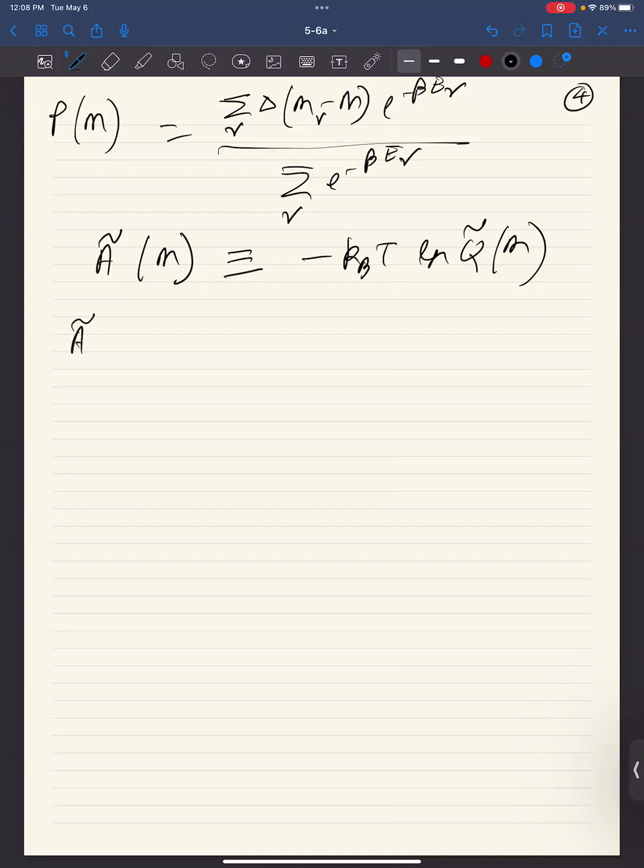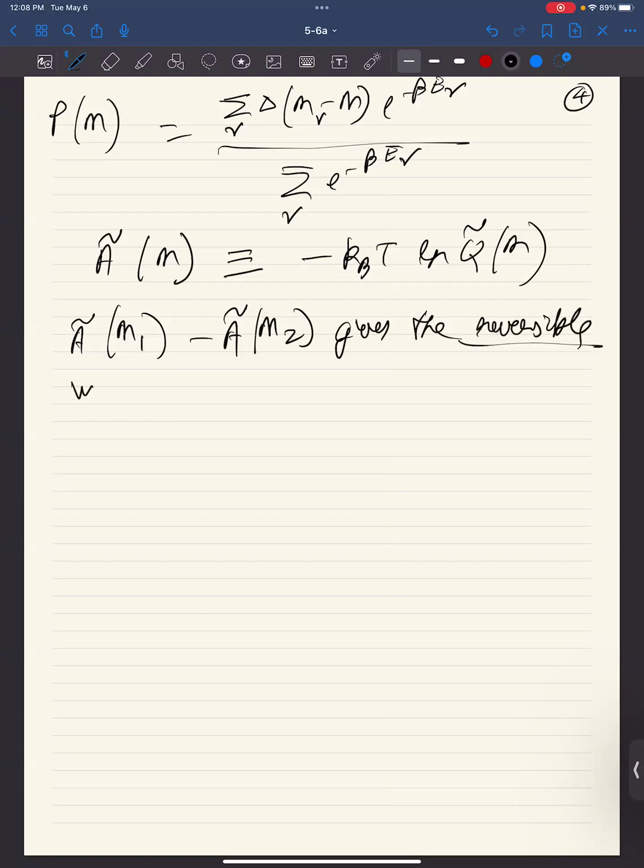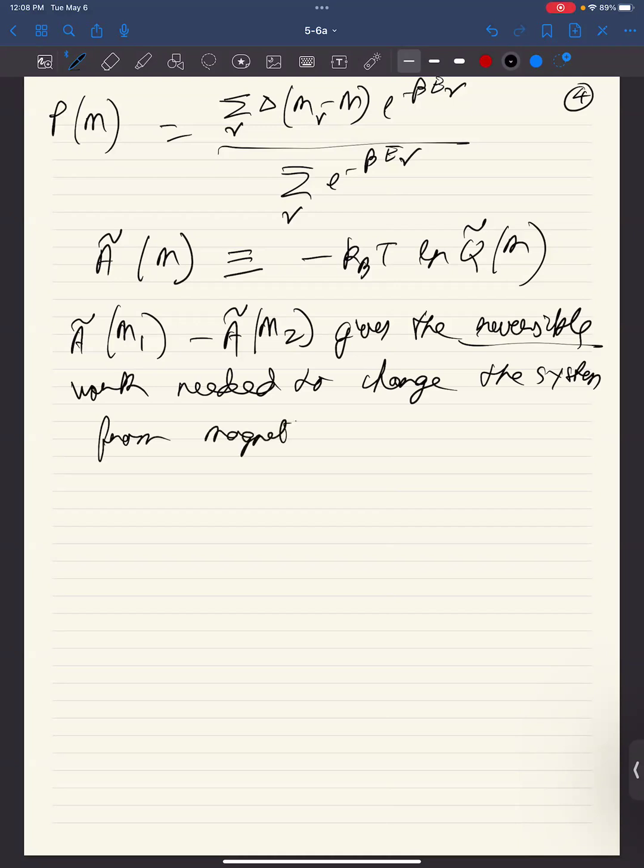So A tilde of M1 minus A tilde of M2 gives the reversible work needed to change the system from magnetization M1 to M2, reversible. As you saw in Jarzynski's relation, it's very hard to be reversible.